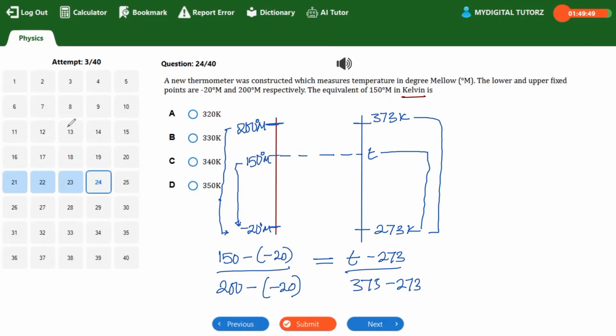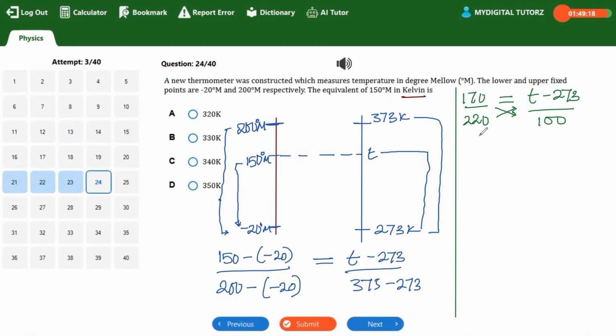Then you simplify further, such that you have 150 plus 20. That's going to give us 170 all over 220, equal to t minus 273 all over 100. Now cross multiply.